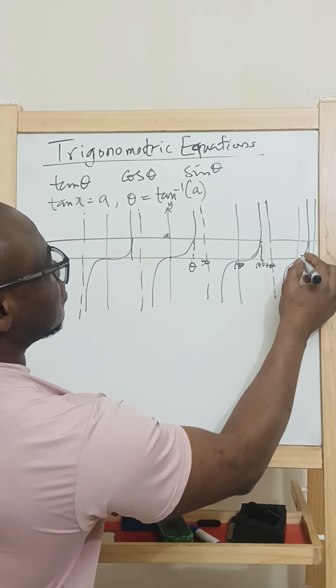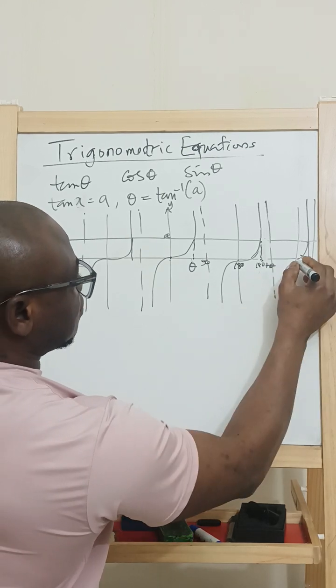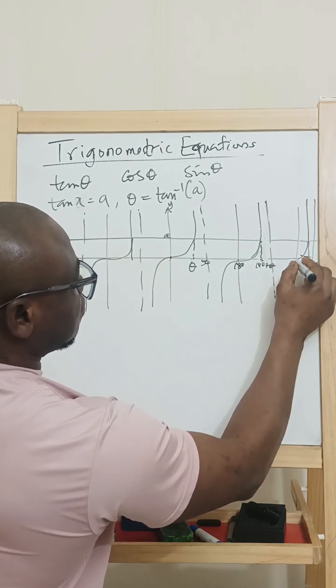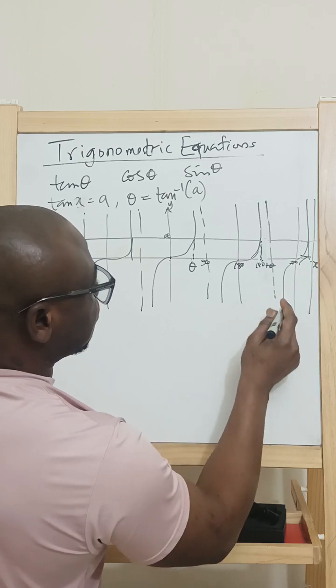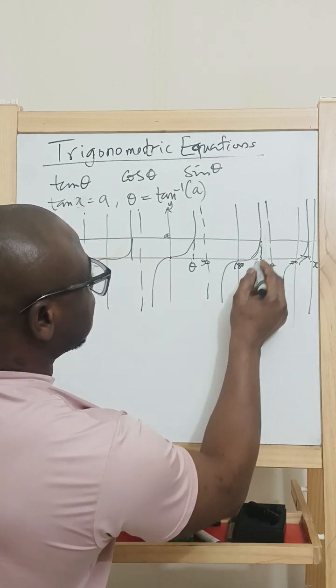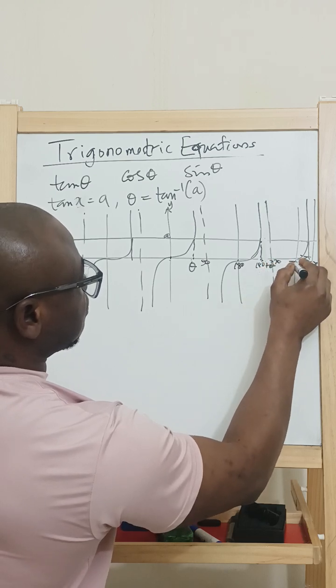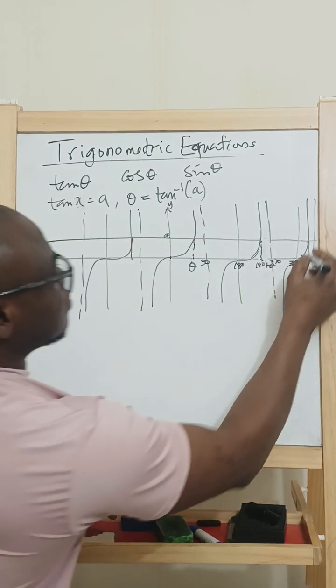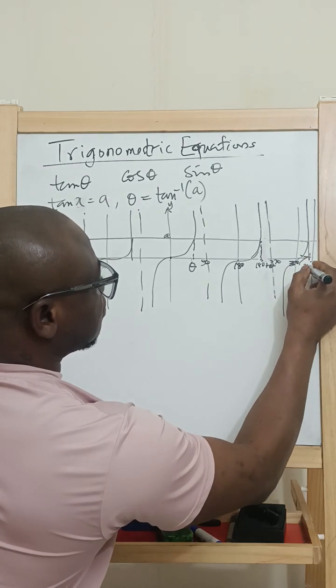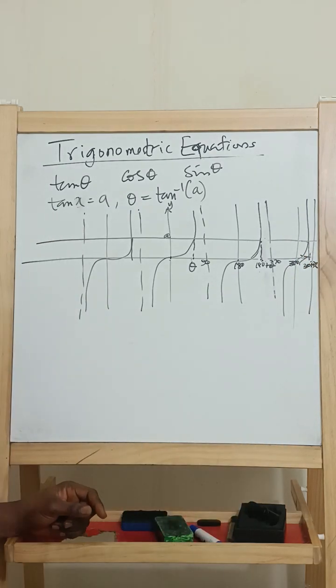This is 180 now, this is 270, and 180 plus theta. Okay, this is 270. This is 360, right? This point here is going to be 360 plus theta.